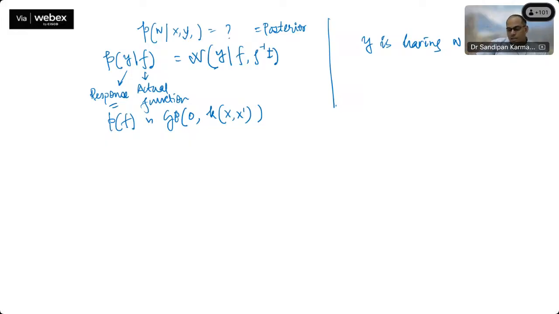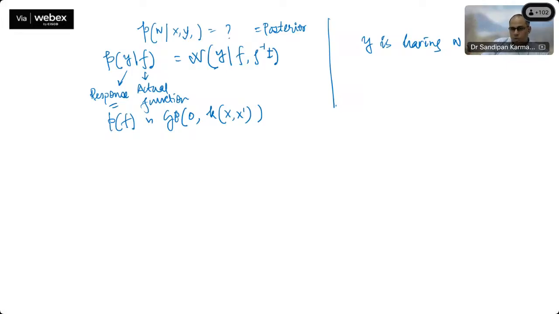Now in Gaussian process, we'll be seeing it very soon, the whole data set is transformed in terms of a covariance matrix.